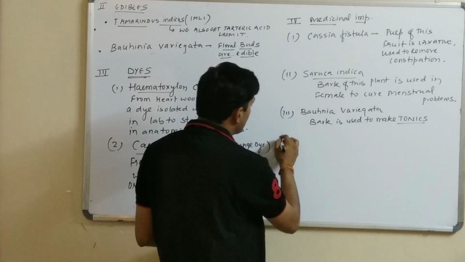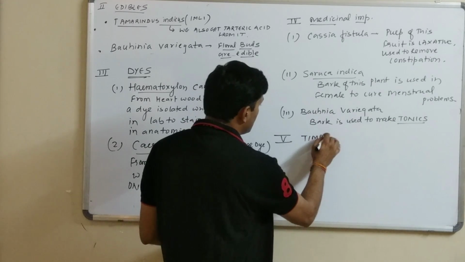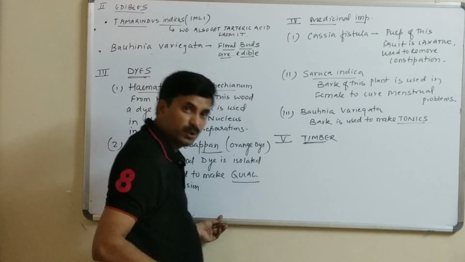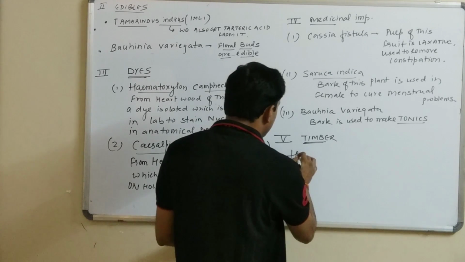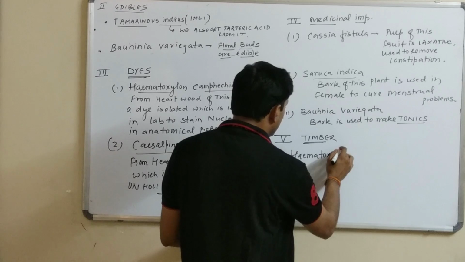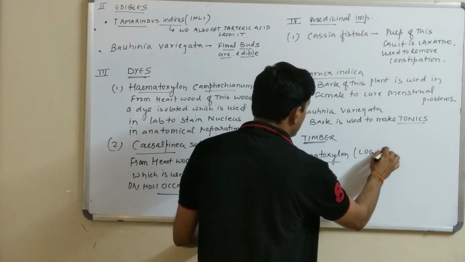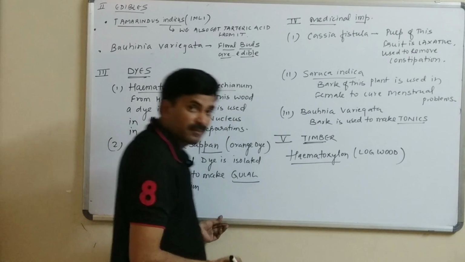Okay, and the last one is that this family is also a source of timber. Timber means we also get wood. For example, Haematoxylon is also called logwood. It is used as timber.